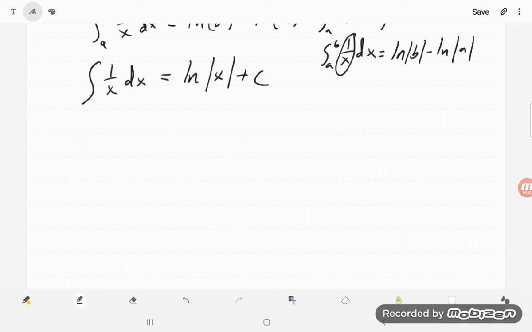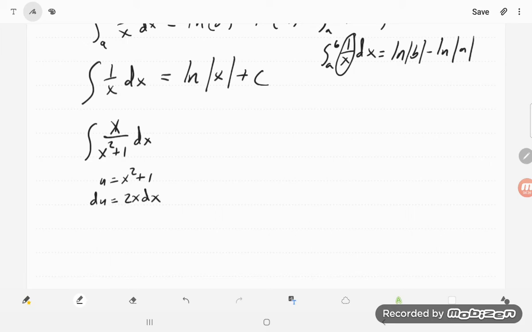Okay, so suppose I want to do the antiderivative of x over x squared plus 1 dx. Then, in that case, I can do a substitution here. So I could let u equal x squared plus 1, and then du is equal to 2x dx.